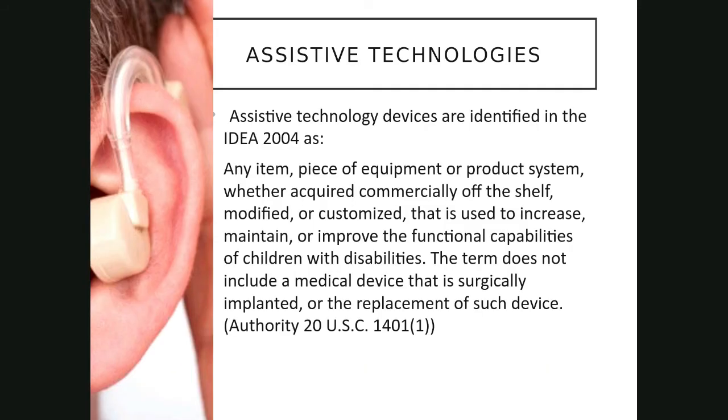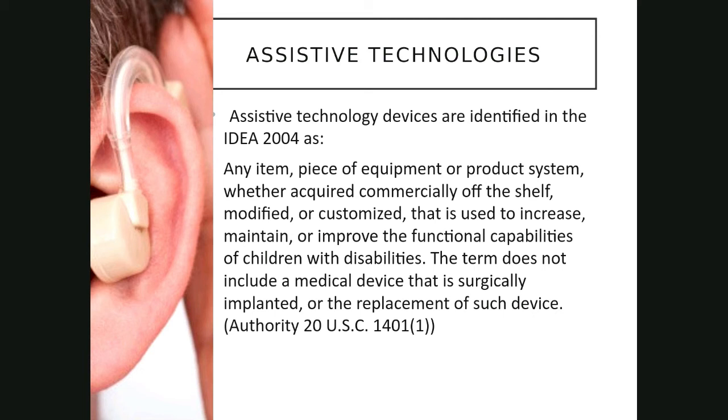So, assistive technologies. According to the Individuals with Disabilities Education Act of 2004, so this gives you the K through 12, kindergarten through grade 12 perspective, it is any item, piece of equipment, or product system, whether acquired commercially off the shelf, modified or customized, that is used to increase, maintain, or improve the functional capabilities of children with disabilities.